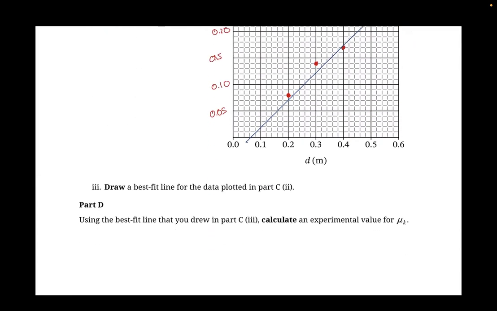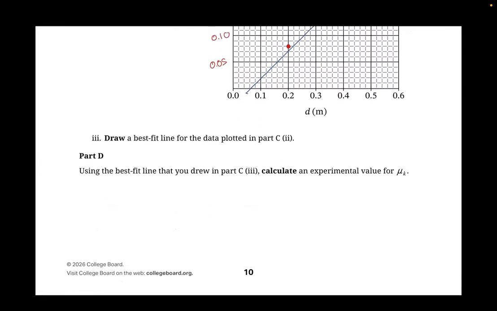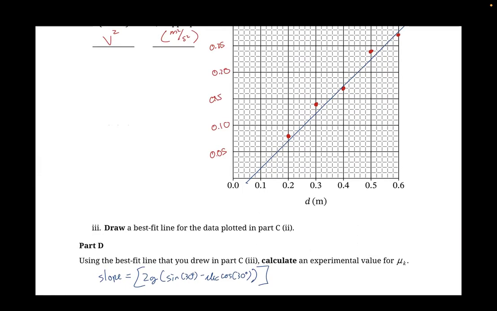Part D, using the best fit line that we drew, calculating the experimental value for mu sub k. So if we remember this correctly, the slope of our best fit line should equal 2g times the sine of 30 degrees minus the coefficient times the cosine of 30 degrees. They did tell us theta was 30. And so we've got to find the slope of the best fit line. So we're going to pick two points here.